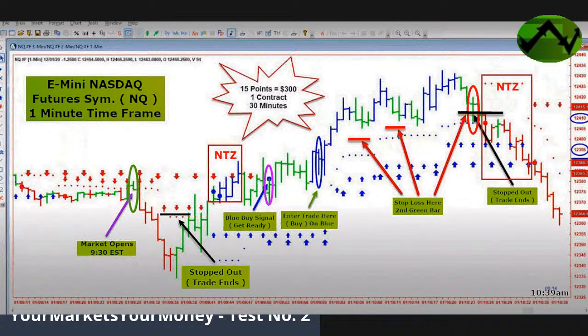What is the difference between the points and ticks on the NQ? Points are like, if you look at this chart, 70, 75, you've got 5 points, 10 points, 15 points. So many ticks make up 1 point.